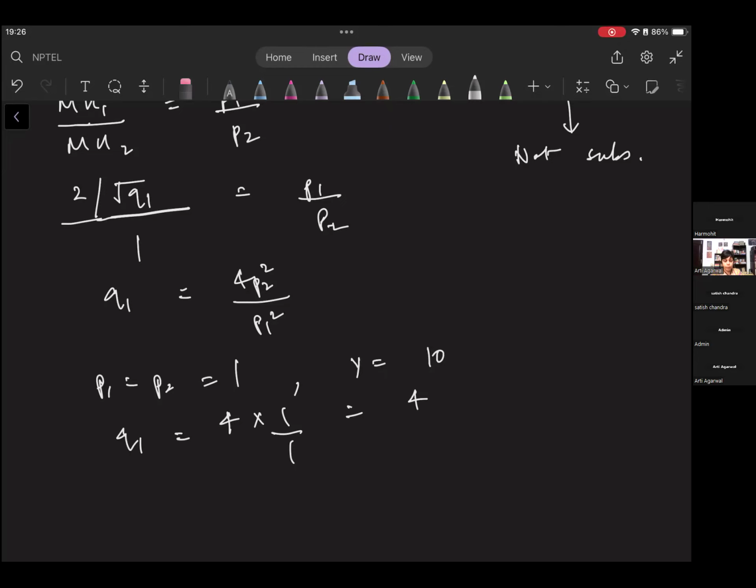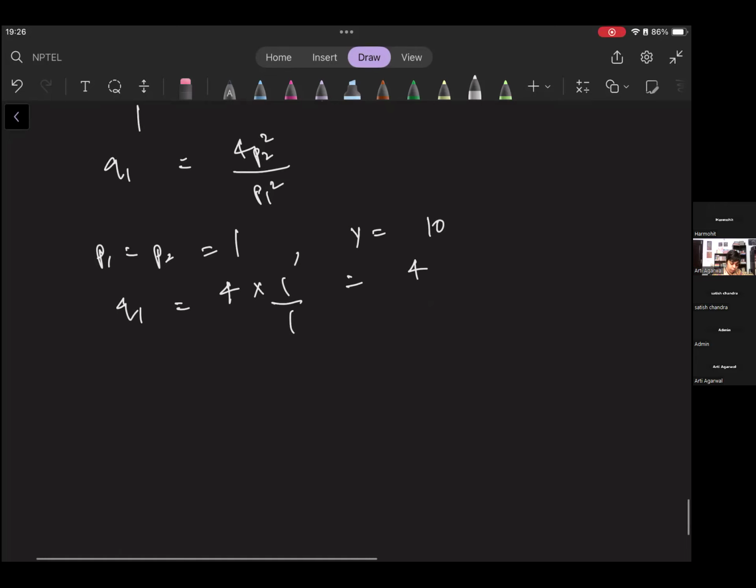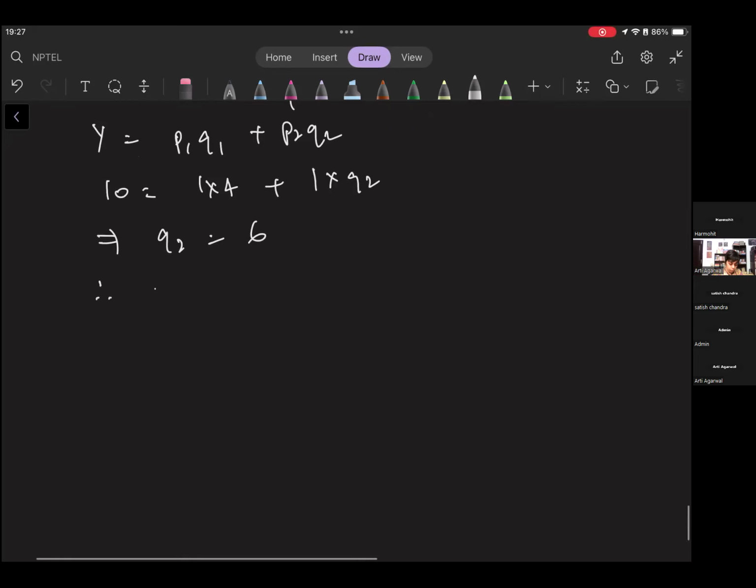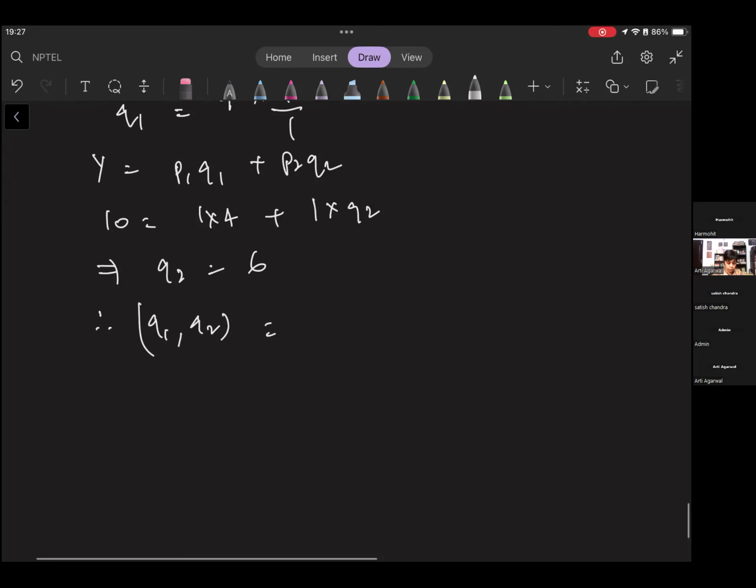Y is equal to 10 is given to you. So from the budget relation, we can find the value of Q2. 10 is equal to 1 into 4 plus 1 into Q2. Q2 is equal to 6. Therefore, the initial values are 4, 6.